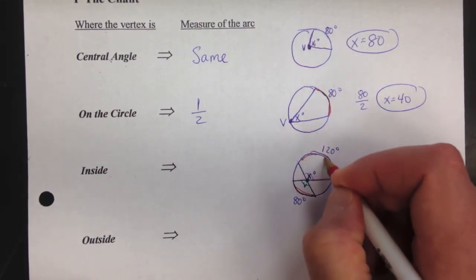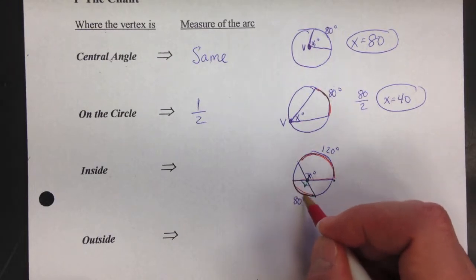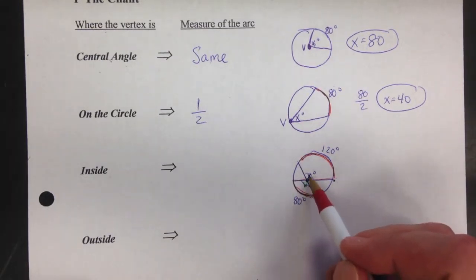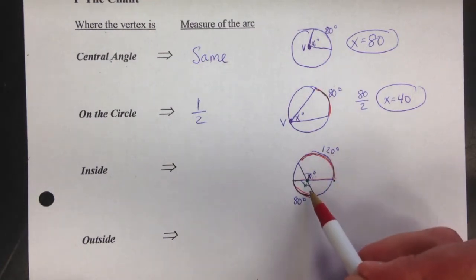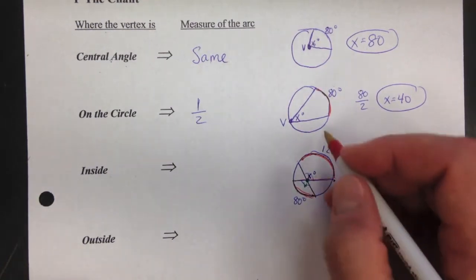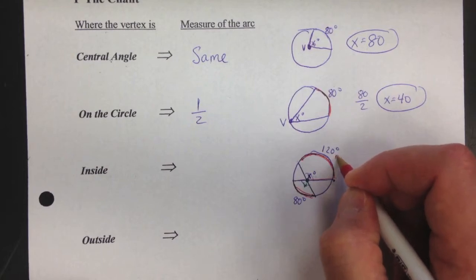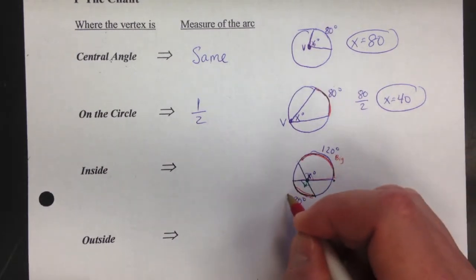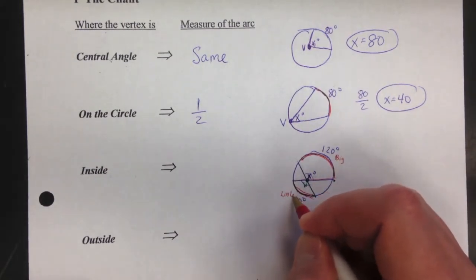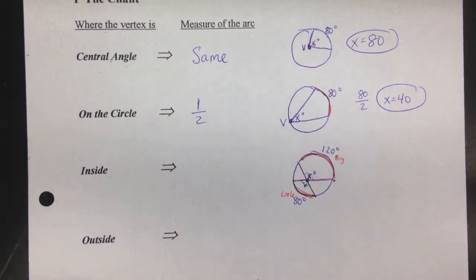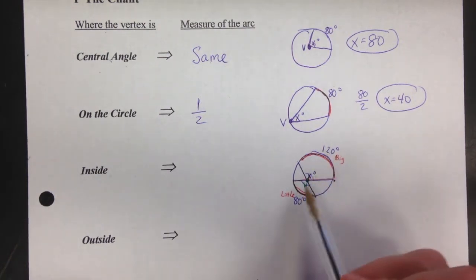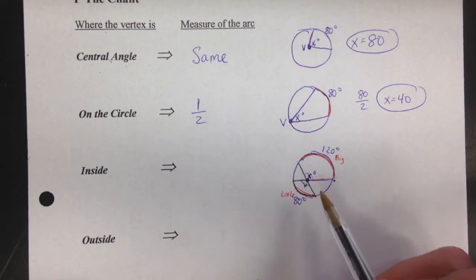They create here the 120, but they also create the 80, and they're both created by x degrees. So which number do we use, the 120 or the 80? You could say the 120 is the bigger arc, and the 80 is the smaller arc. And in this case, x is going to be the halfway point. It's the average of the two arcs.